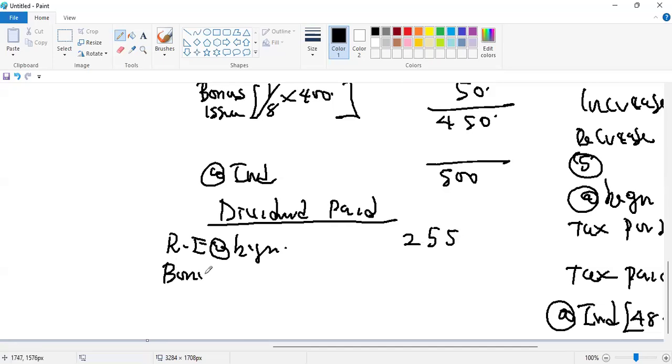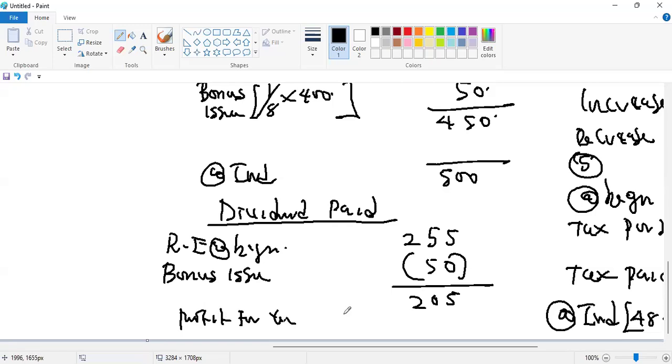Bonus issue, they capitalize 50 here, so this is the original retained earnings, 205. I'll now add profit for the year, 180. That gives 385.